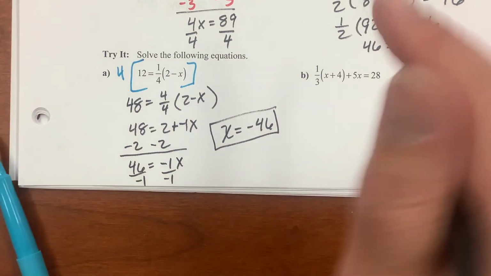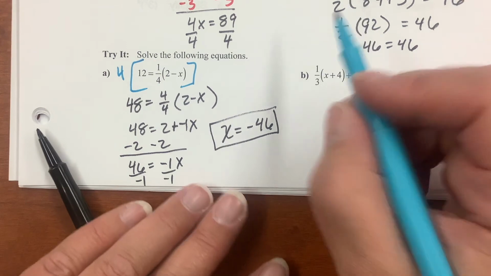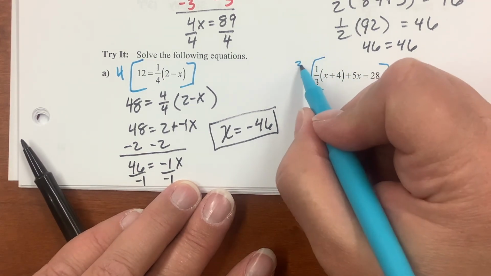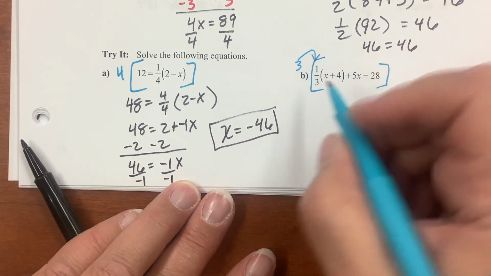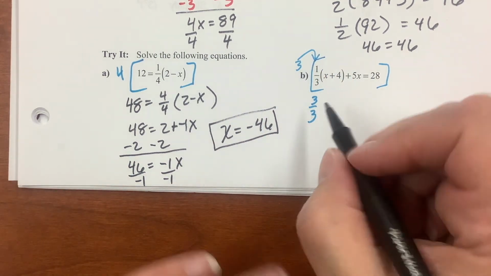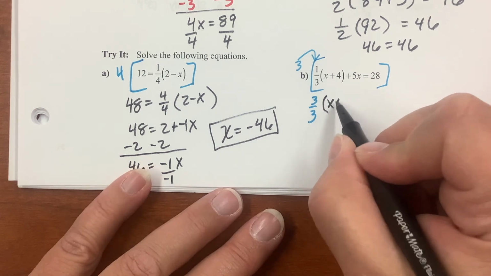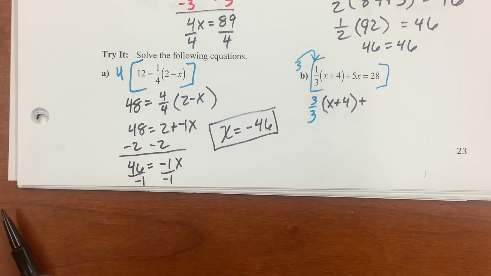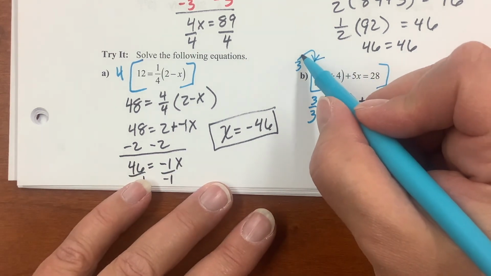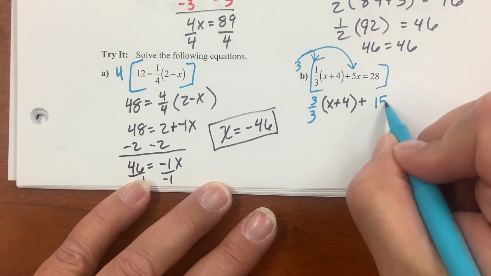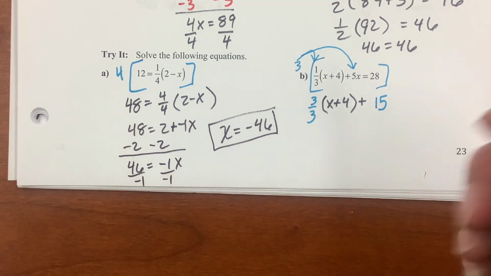Here we go. Multiply everybody times the denominator 3. 3 times 1/3, that's 3 over 3. Nothing happens to the x plus 4. And then I have to multiply 3 times 5, and that's 15. Keep the x.